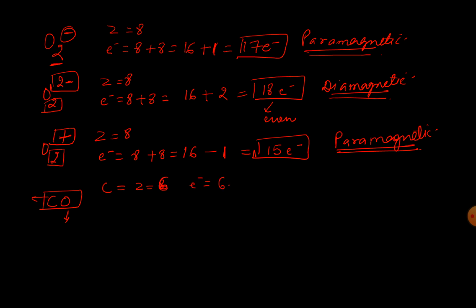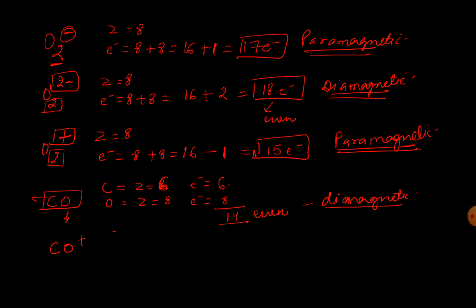Electrons are also 6. For oxygen, the atomic number is 8. Electrons are also 8. So 6 plus 8, 14. Now it is an even number of electrons, so it is diamagnetic in nature.